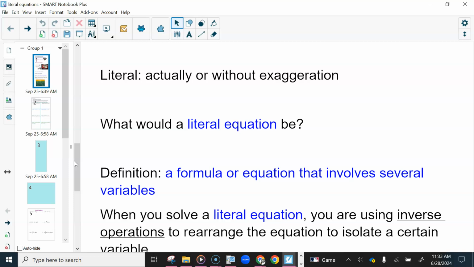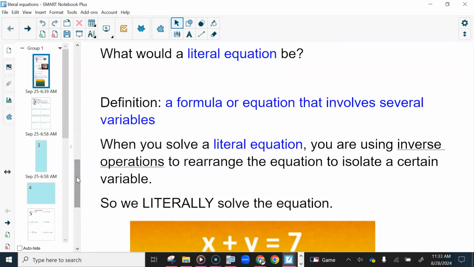But a literal equation is where we have some math equation, and we're going to actually solve it. However, we're not going to get an actual answer. So we're just actually solving it as if there were numbers, but there are letters and variables instead. So that makes it seem like a little daunting, but once we get in the habit of actually solving it, we'll see it's not that bad.